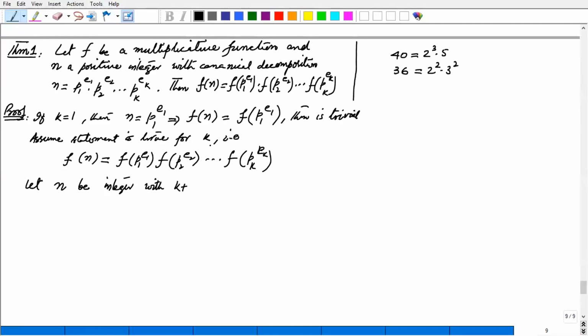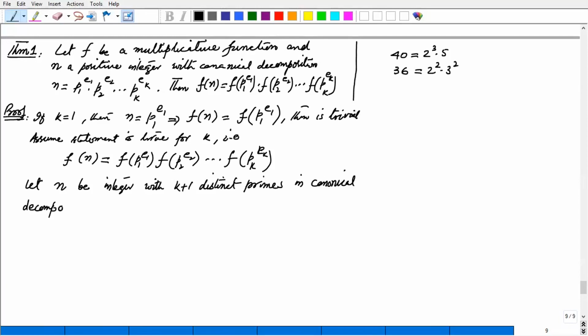If we assume that this statement is true for k, it means we assume that n has k distinct primes. So let n be an integer with k plus 1 distinct primes in its canonical decomposition, or prime decomposition, or prime factorization, any word you can use here.